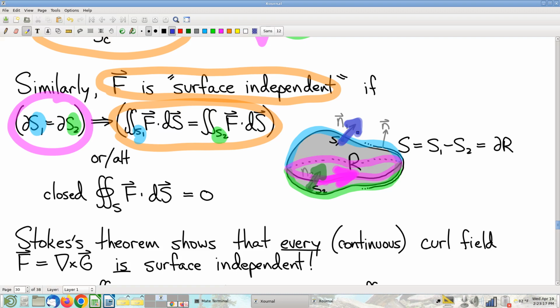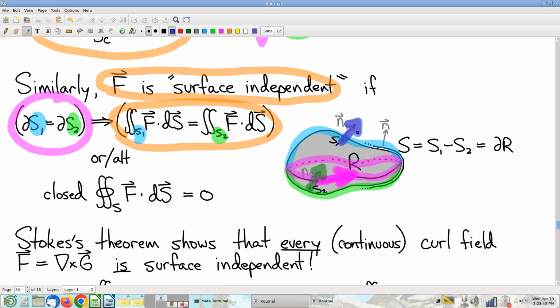Everybody okay? Now, there's a temptation to look at these two orientations of these two surfaces and say, hey, whoa. One's inward, one's outward. That seems inconsistent. On the other hand, they are both upward. That seems consistent. So which is it? Are these the same? Are they opposite? I want to point out they're actually neither.